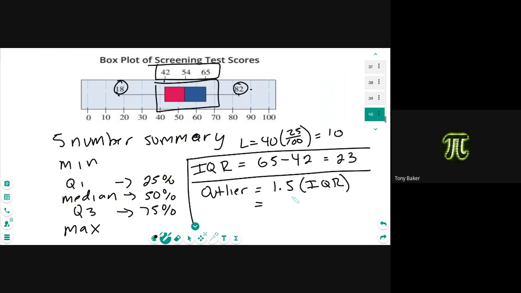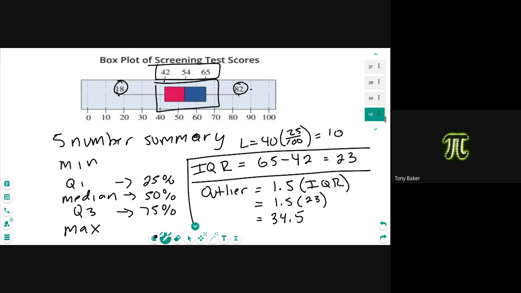So what's 1.5 times 23? 34.5. Okay. Oh, that's right. All right.